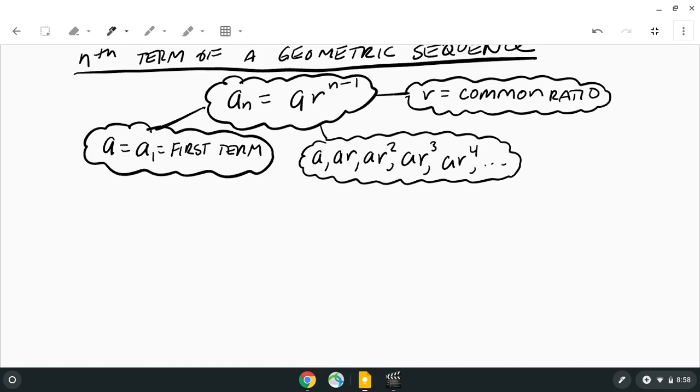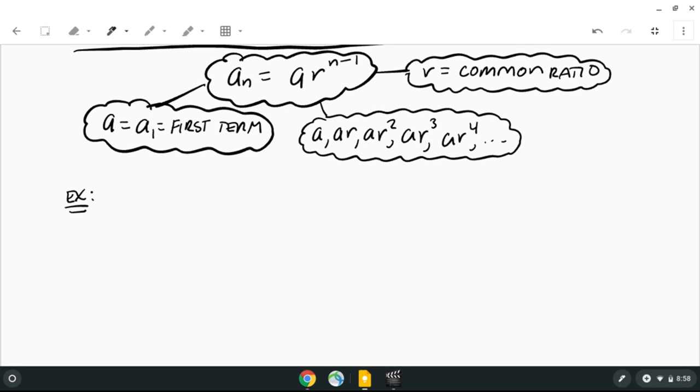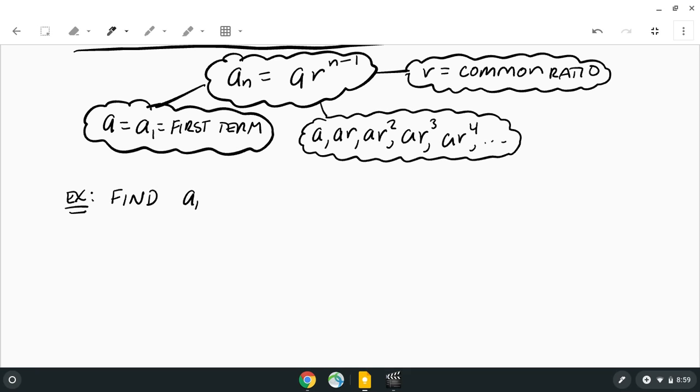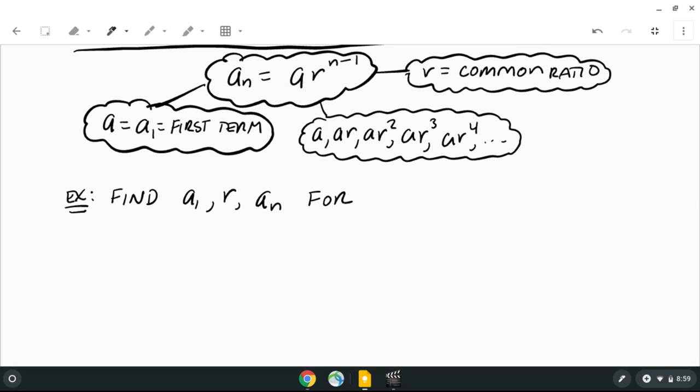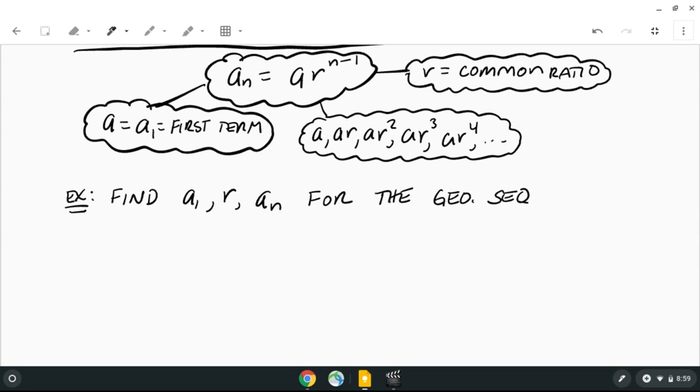All right, so let's take a look at this example here. Find A1, r, and a_n for the geometric sequence. So suppose I have this sequence: -3, -6, -12, -24.